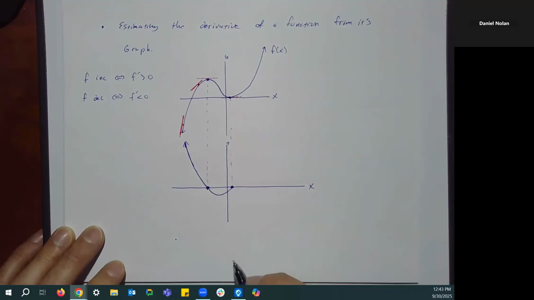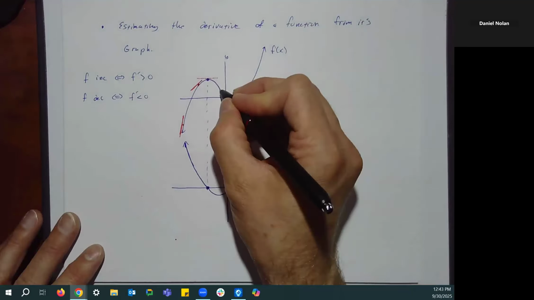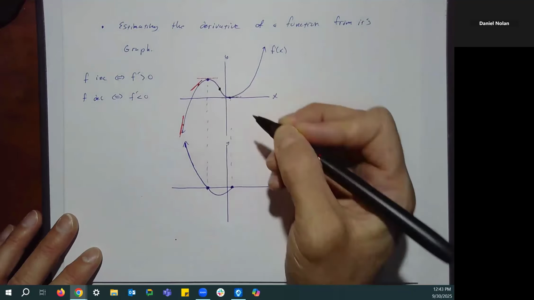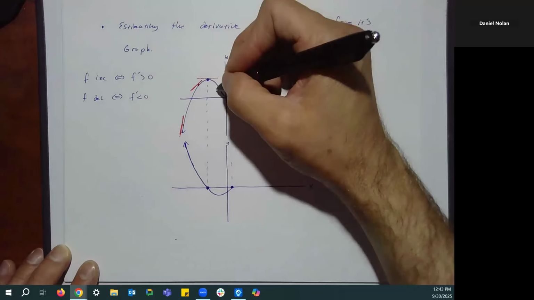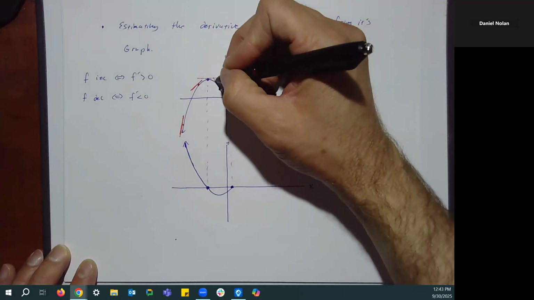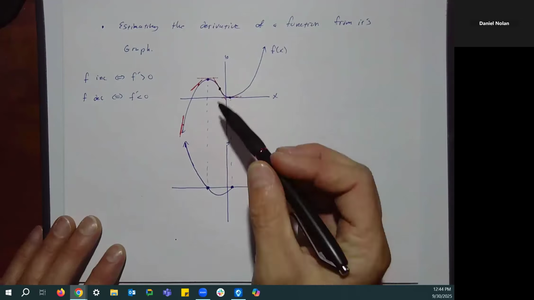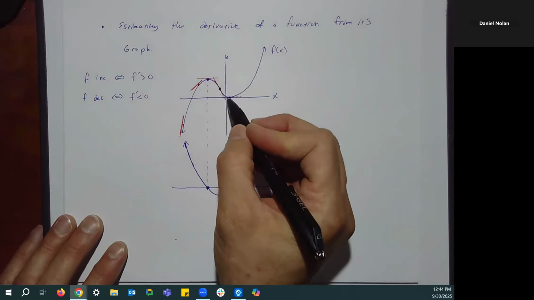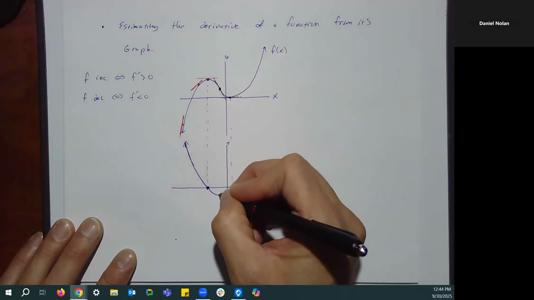If you want to get a little more detailed, right about here is where the slope of the tangent line is as steep as possible in the negative way. So it's like a minimum for my first derivative. My derivative is as negative as possible. And then after that, it's less negative, up to 0. So that corresponds to that point right there.